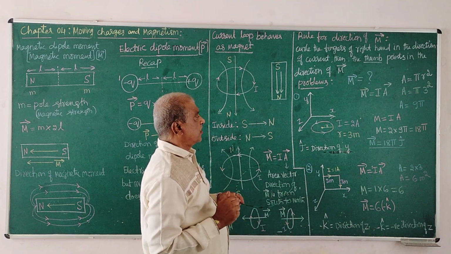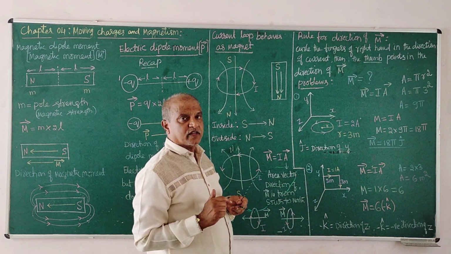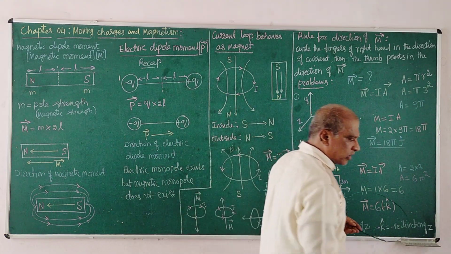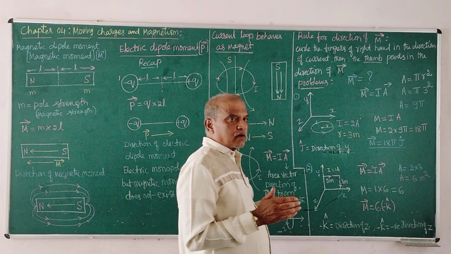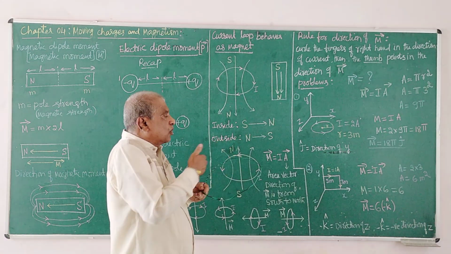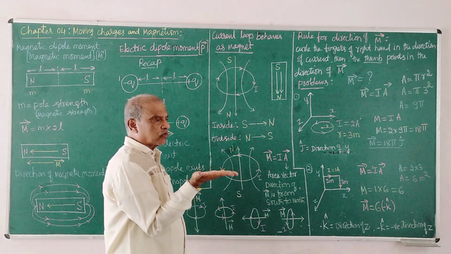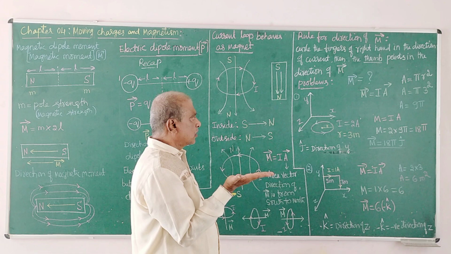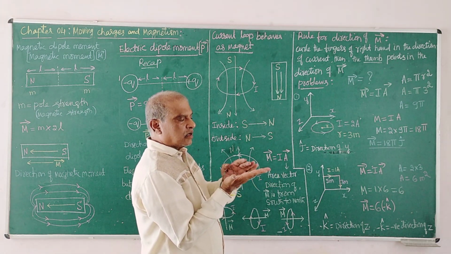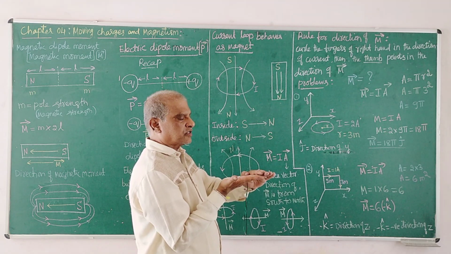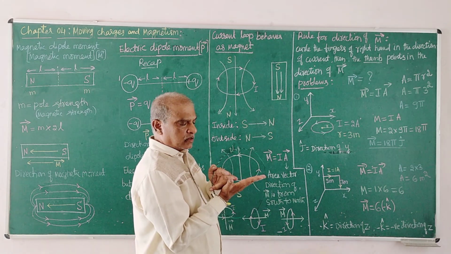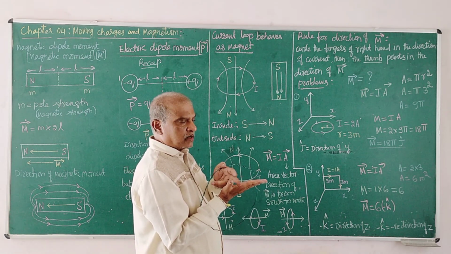To find the direction of M, we use one more rule, the right hand rule, just to perceive the direction of M if you know the direction of the current in the loop. Hold the right hand like this, with the four fingers in one direction and the thumb in another, perpendicular to each other.